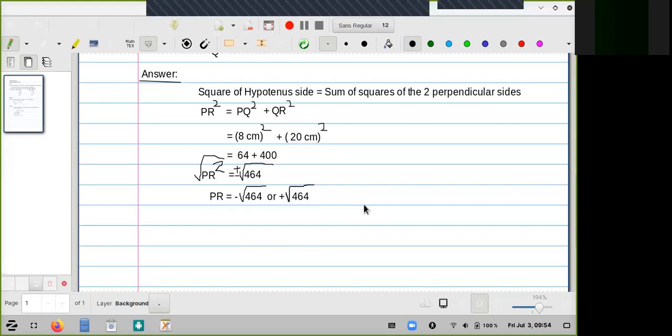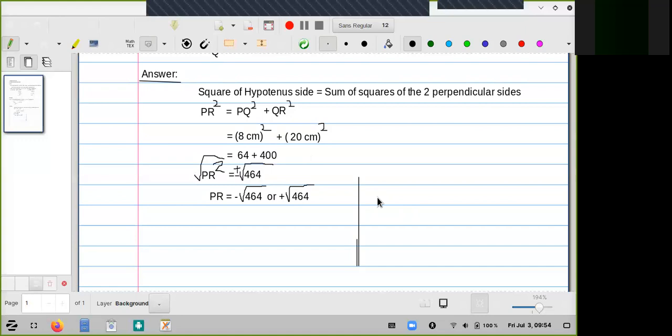Right. So from this case now, our 464 is not a perfect square, but it is made up of a factor which is a perfect square, and another factor which is not a perfect square, right? So how do we do it now? Allow me to just do a side calculation here so that we can express 464 as a product of its perfect square and a non-perfect square.